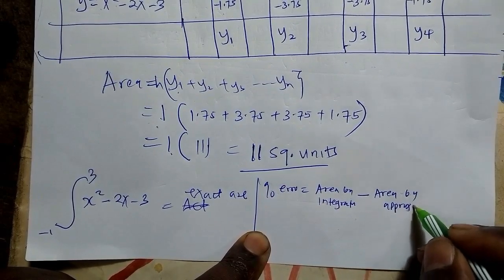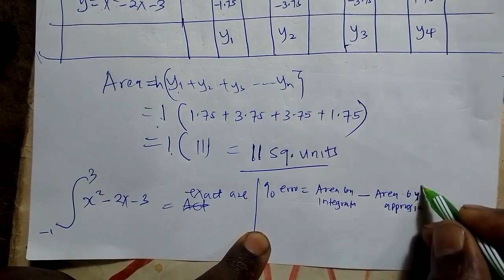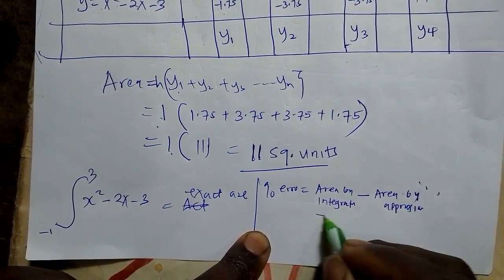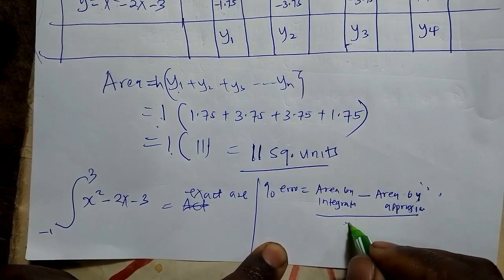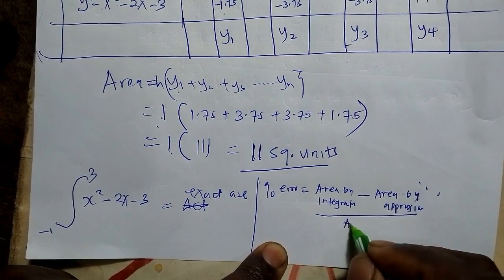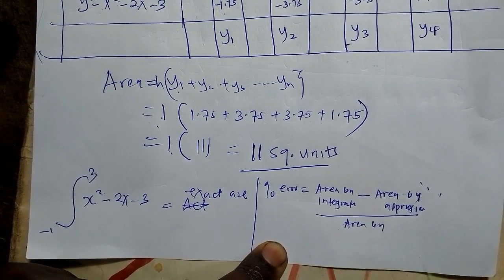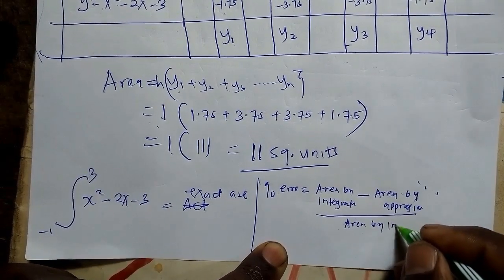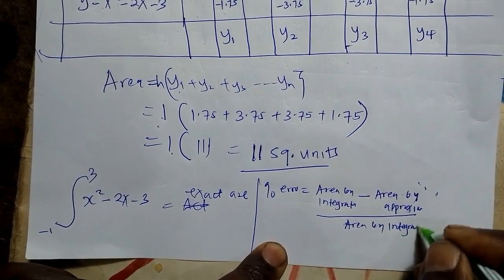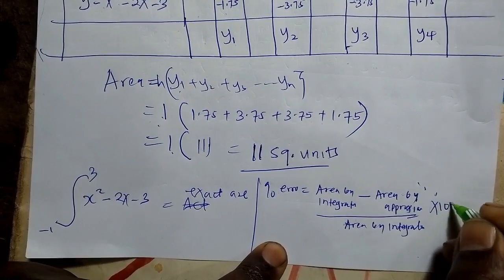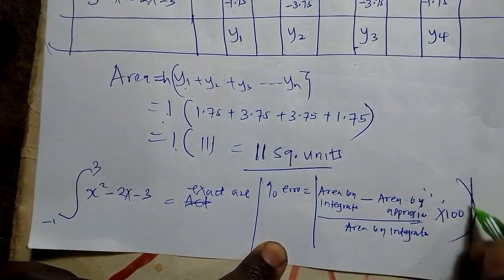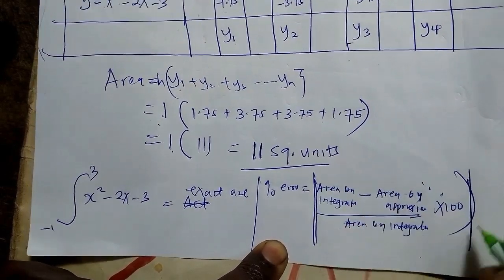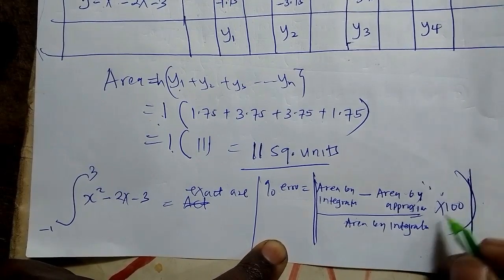The area obtained by approximation, everything here divided by what? Divided by area by integration. By integration, that is the exact integration, and then times 100. That one will give you it. In fact, inakuanga absolute. Hata ikiwa negative, you don't care. So this one is absolute, and this one will give you the percentage.